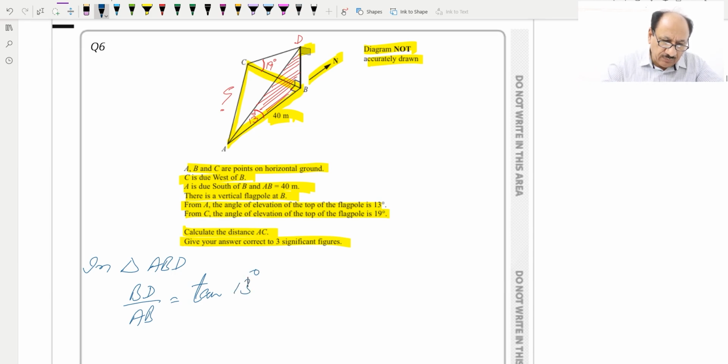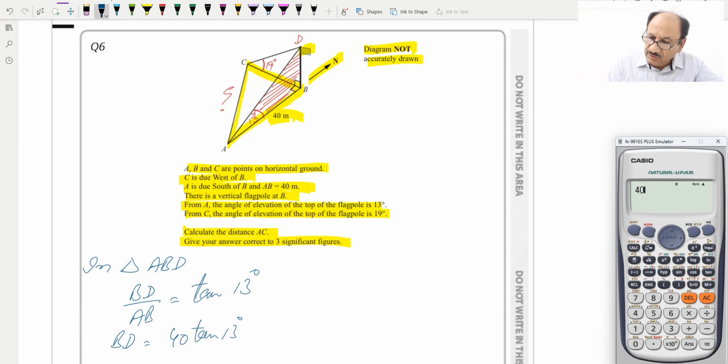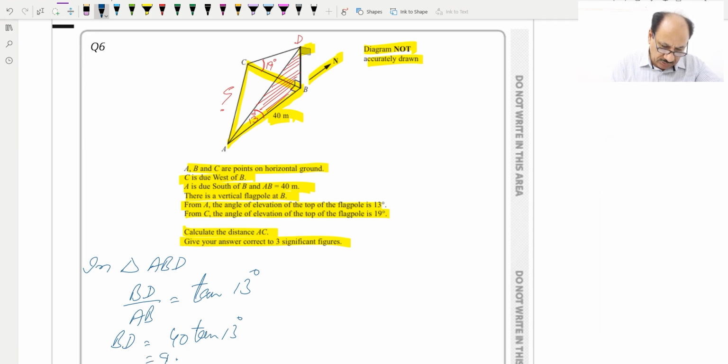Opposite over adjacent will be tan. So BD we need to find. BD will be equal to AB, which is 40, so 40 tan 13 degrees, which will be equal to 9.2347. This will be meters, not centimeters.